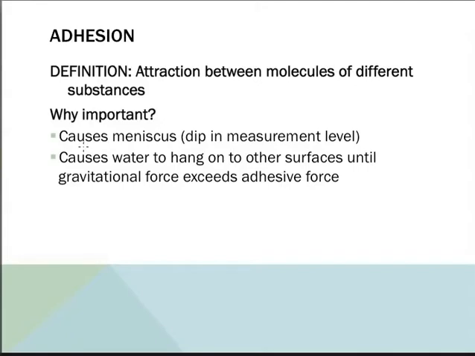And this causes water to hang on to other surfaces until the gravitational force exceeds the adhesive force. All that means is that if you threw water on the wall, it would stay there from adhesion, but as we know, it drips down. That's because gravity is pulling it down.